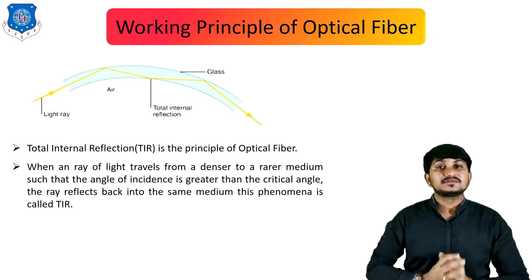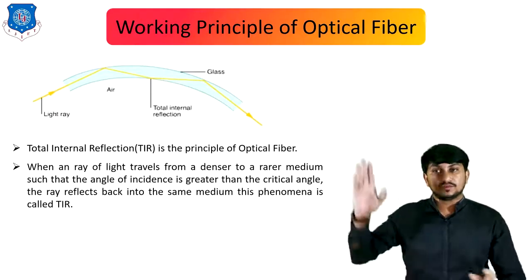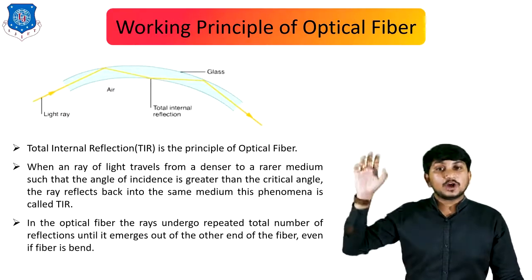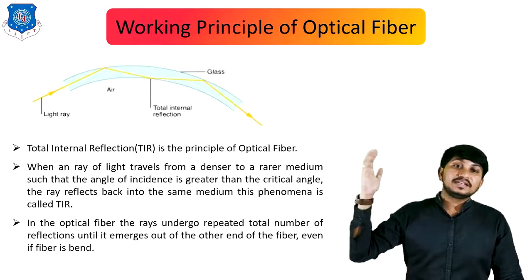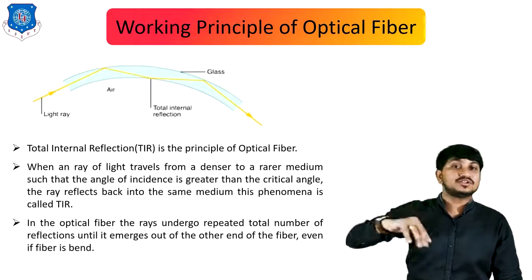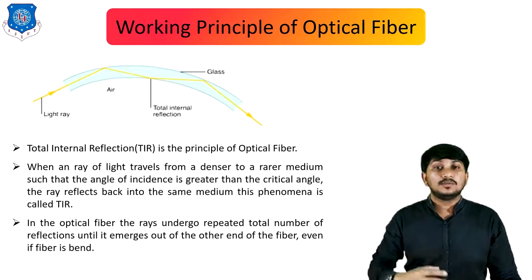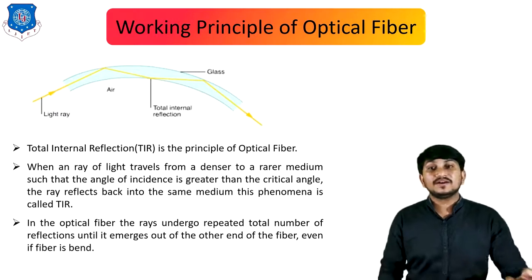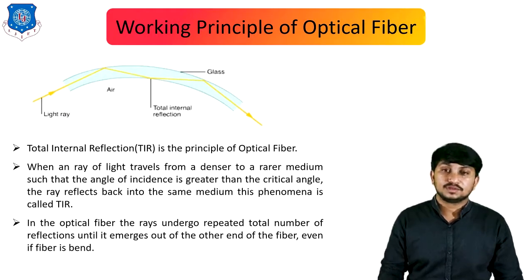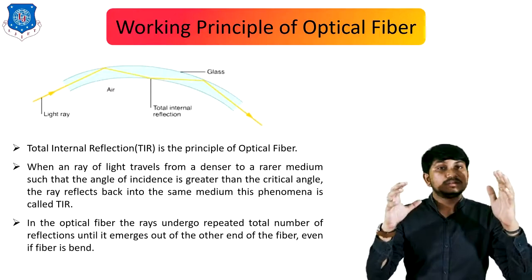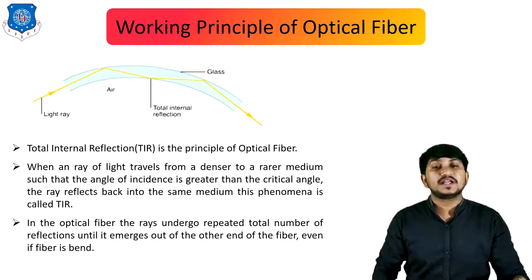This phenomenon is called total internal reflection. In the optical fiber, the rays undergo repeated total internal reflection until they emerge out of the other end of the fiber, even if the fiber is bent. This is how the information is passed through optical fiber.